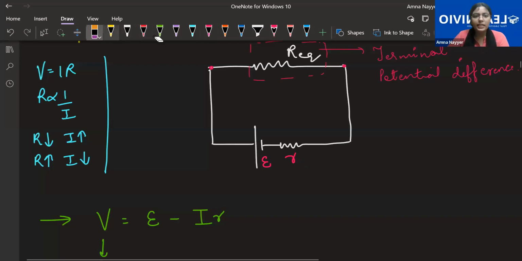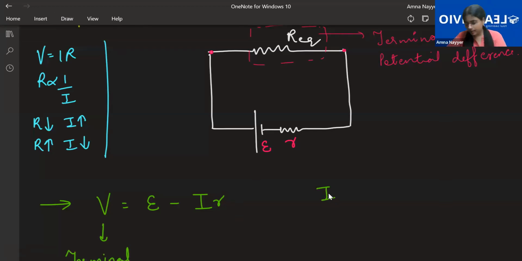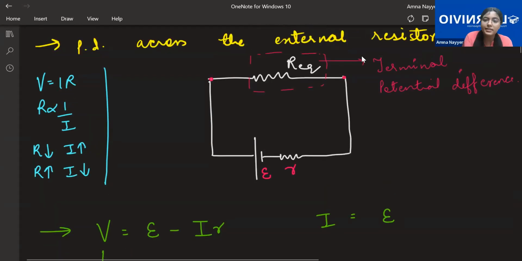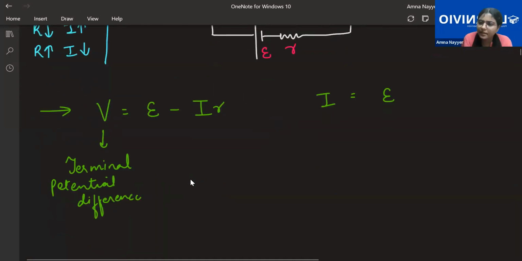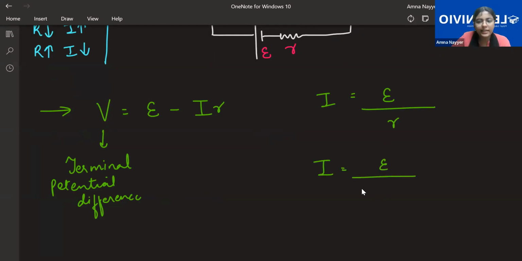Now when I am calculating the current, it is potential divided by resistance, I is equal to V by R. If here the EMF is E and you don't have any external resistor in your circuit, only internal resistance is there, you just put voltage as E and the resistance as small r. Or if both the resistors are there, then in terms of EMF, I is E divided by capital R plus small r.